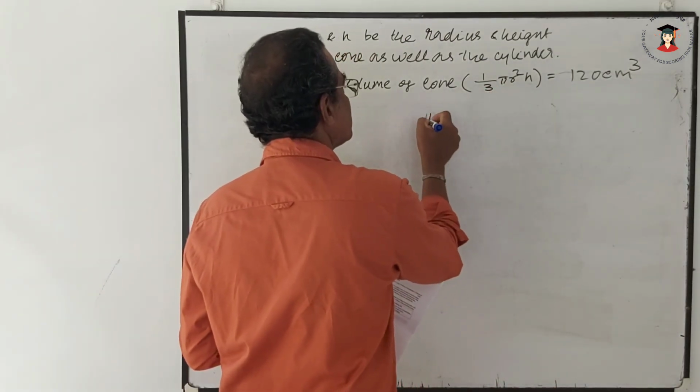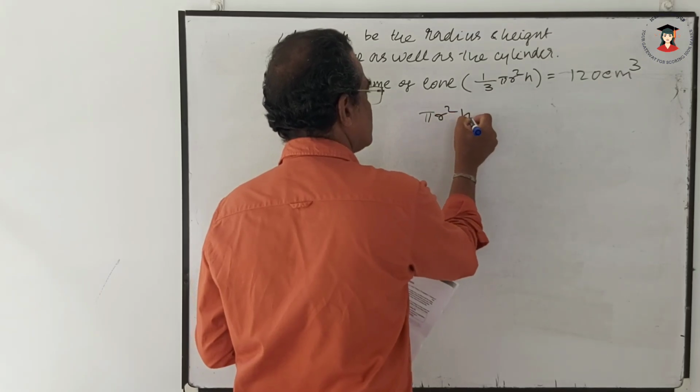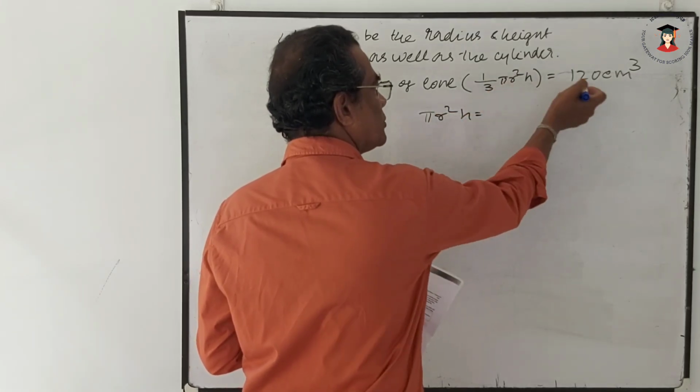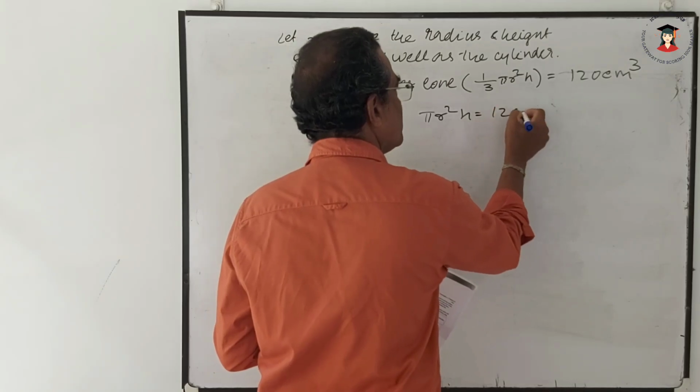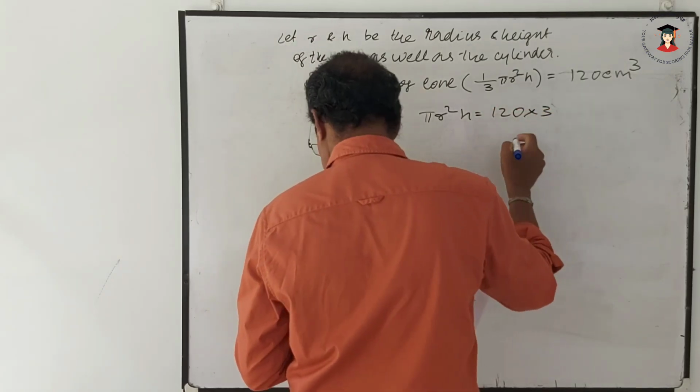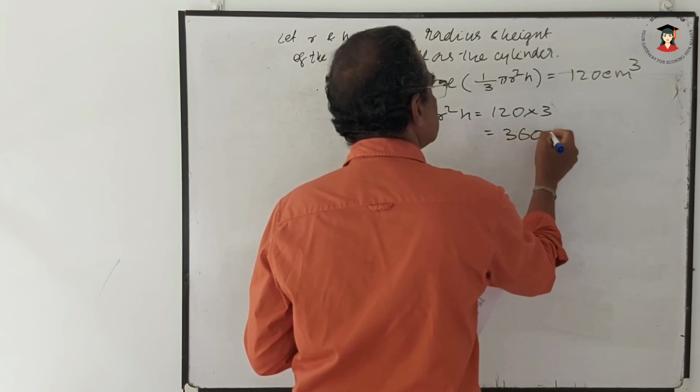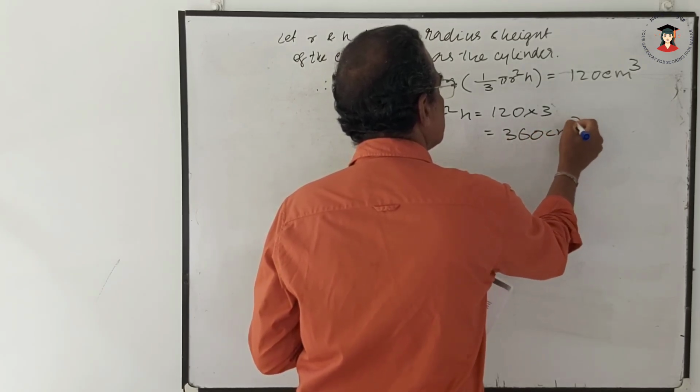Therefore, pi r square h, bring this 3 to the right side. So 120 into 3 equal to 360 centimeter cube.